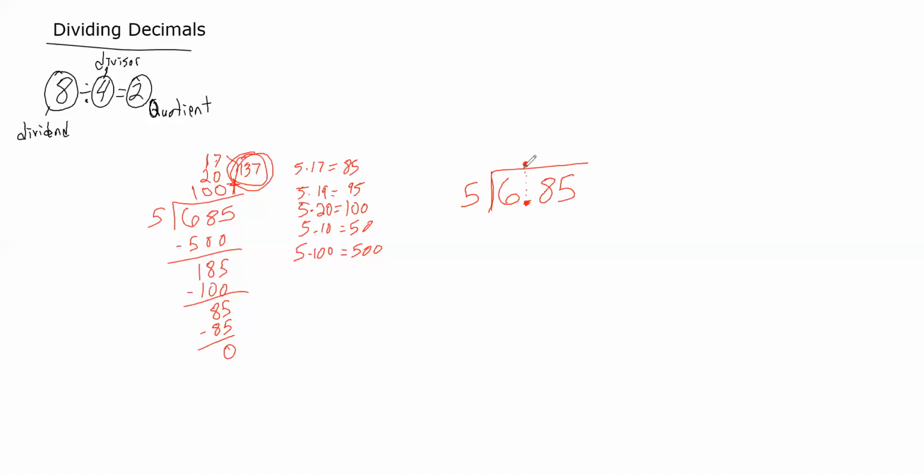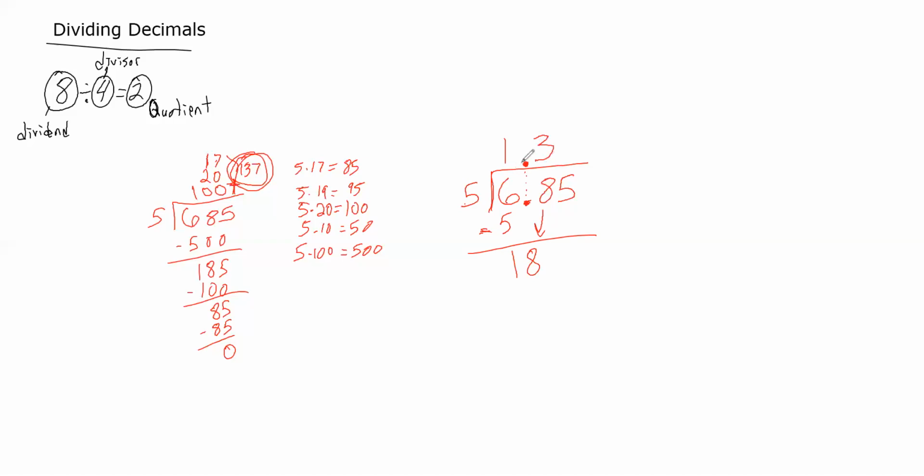And so what I want to do now is I can solve this using the standard algorithm. I know that 5 goes into 6 one time. 1 times 5 is 5, so I can subtract this out and I end up with 1. Then I want to bring my 8 down, and that gives me 18. Well, I know that 5 goes into 18 3 times, and I'm going to put it on this side of the decimal now.